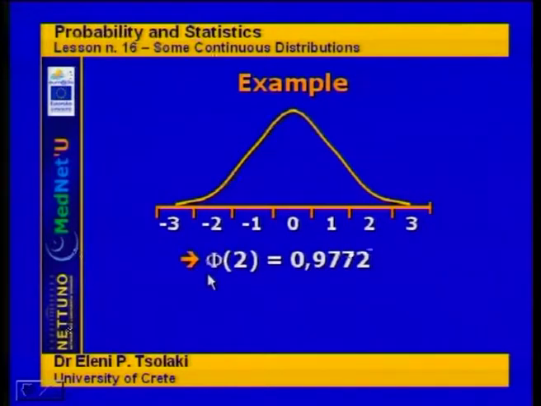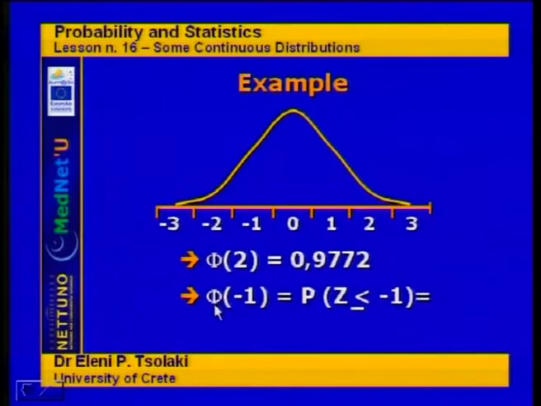0.9772, and then we need to calculate the second probability, the probability that z is less or equal to minus 1. Now, usually this won't be given in the standard tables of the standard normal distribution.